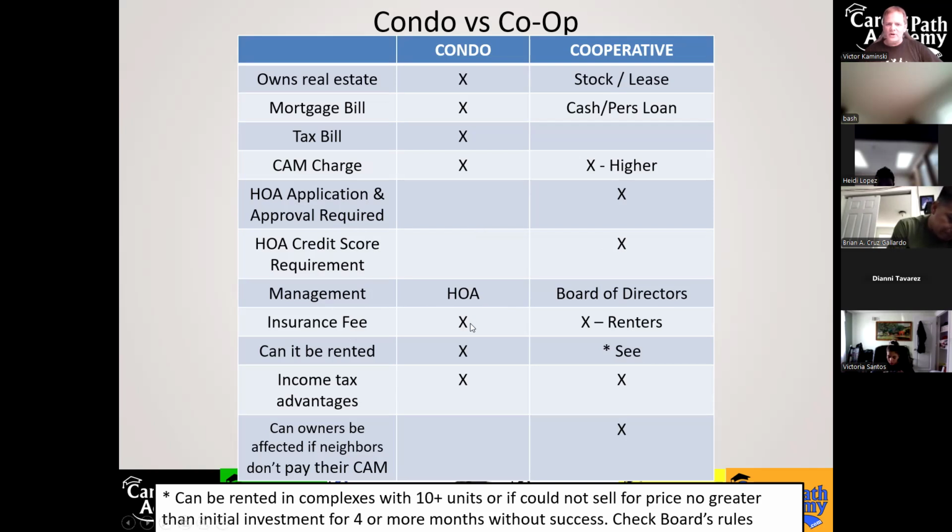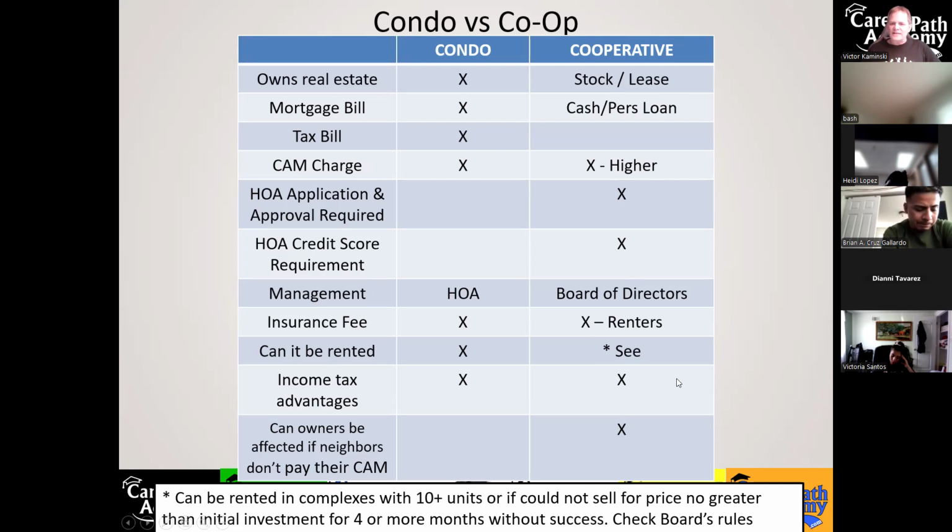With condos, you have to pay your own homeowners insurance. With co-ops, you get renters insurance. Condos can be rented out. Co-ops cannot, unless it's not against your particular cooperative rules, or if the complex has 10 units or more and you've been trying to sell it at a price no greater than what you bought it for for at least 4 months, then you may be allowed to rent.